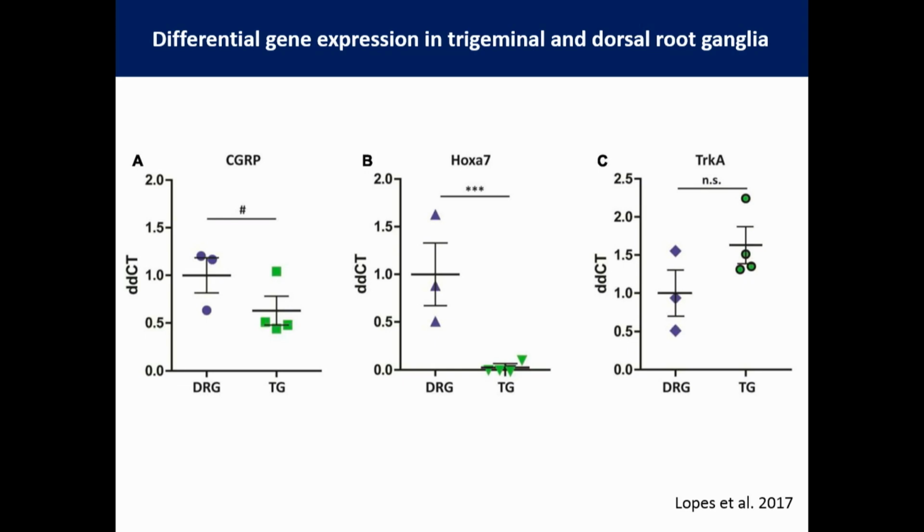This is a very sharp difference between the spinal cord and the trigeminal system, and we know very little about the functional and pathological significance of these findings. Also, CGRP is apparently lowly expressed in the trigeminal ganglion. So there are some differences between the two systems.